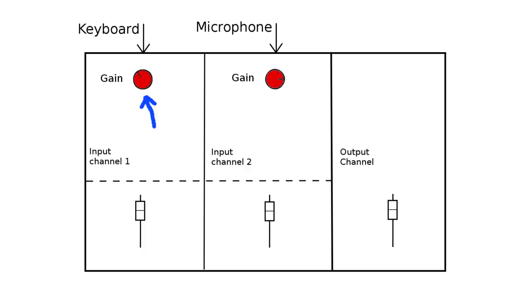This is to compensate for the fact that the keyboard connected to channel 1 produces a somewhat stronger signal than the microphone connected to channel 2. With the gain controls correctly set in this way, we can run the faders for each channel at about the same level as one another, which ultimately simplifies things for live mixing.